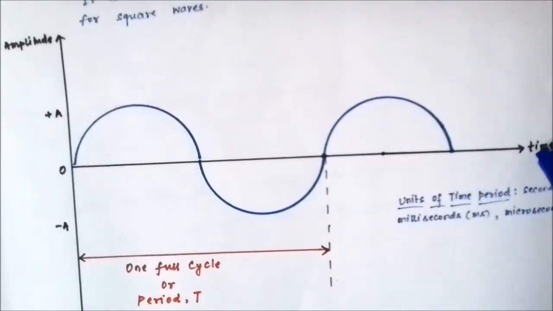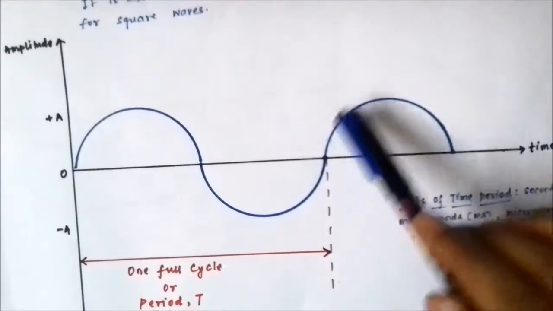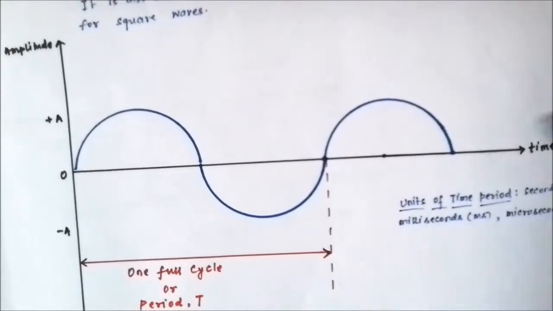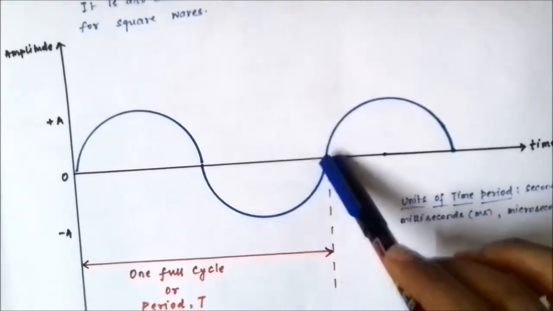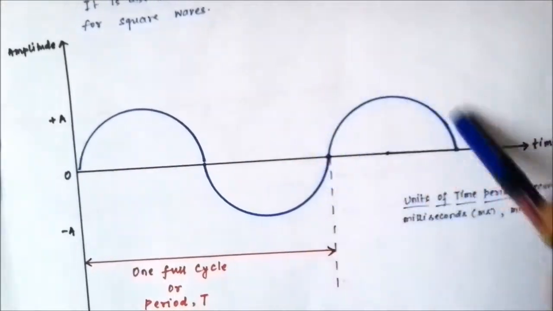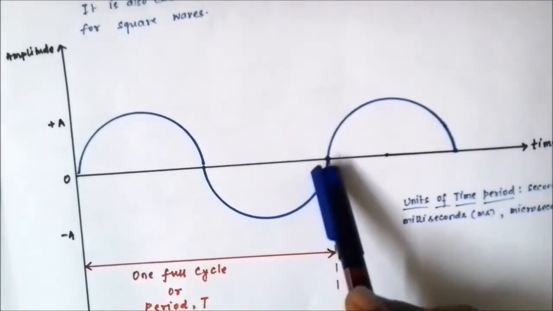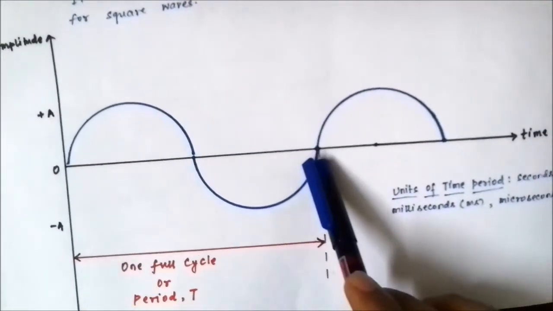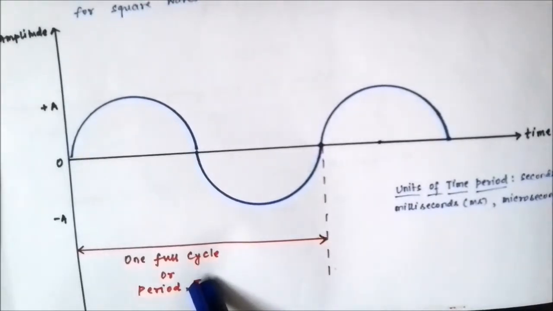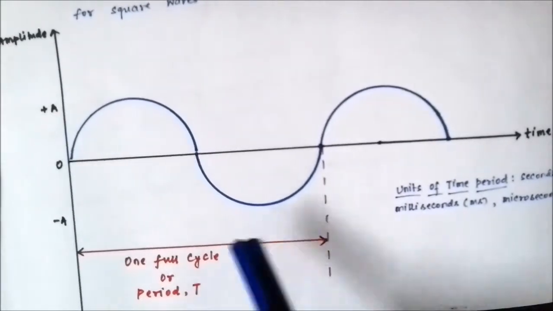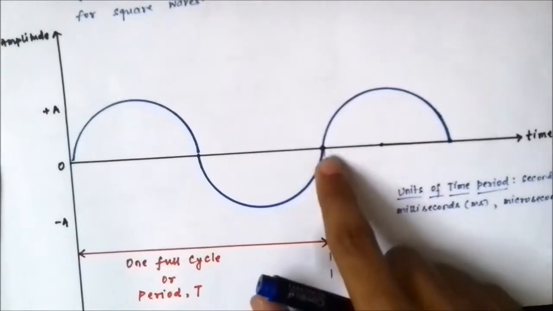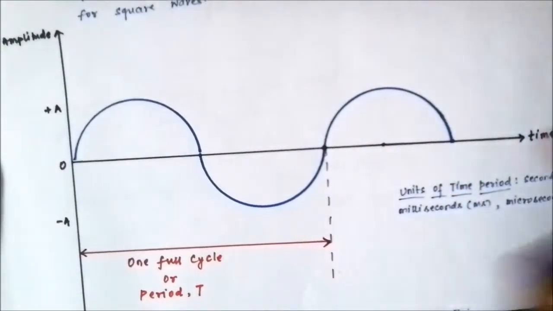Here, because of the space constraints, I have not been able to complete this waveform, but starting from here this pattern is again repeated and it continues. So at this point the time in seconds is defined as the time period of the sinusoidal signal. At this point the waveform again repeats itself.